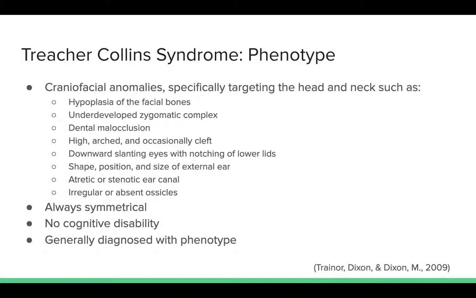However, any and all of these that are listed can be presented in mild to severe forms. So it's an extremely case-by-case situation, and because of that, it's important to obtain genetic testing as well. And also to note that there is no cognitive disability in these patients.